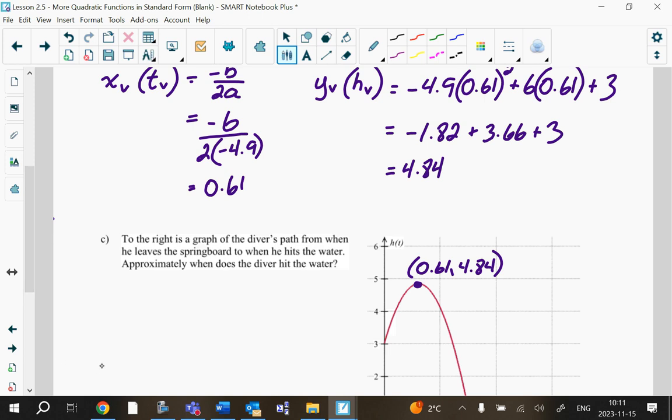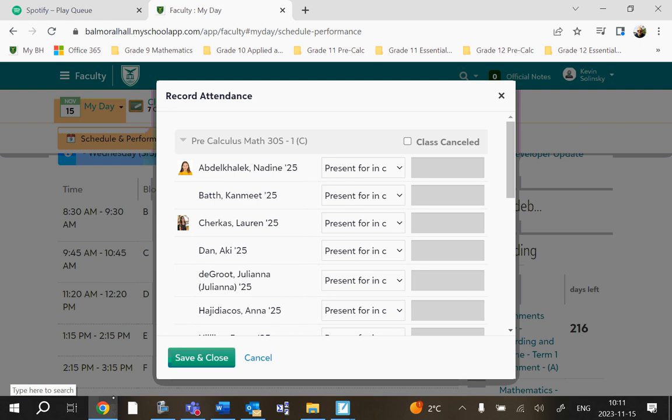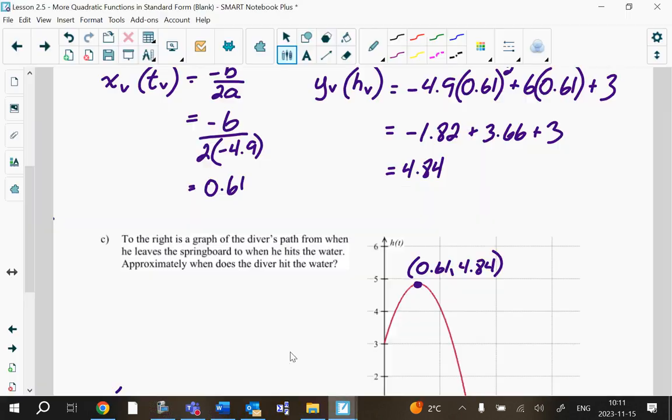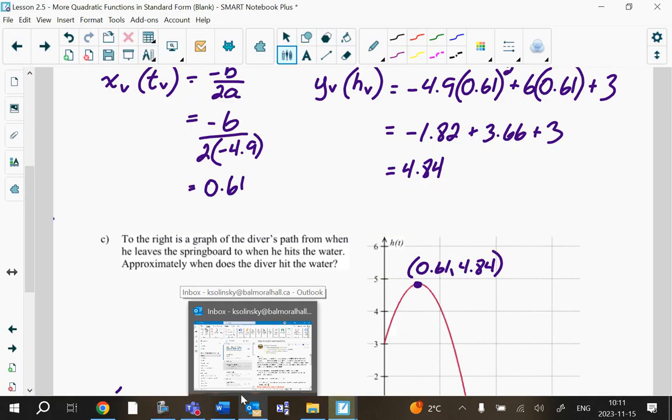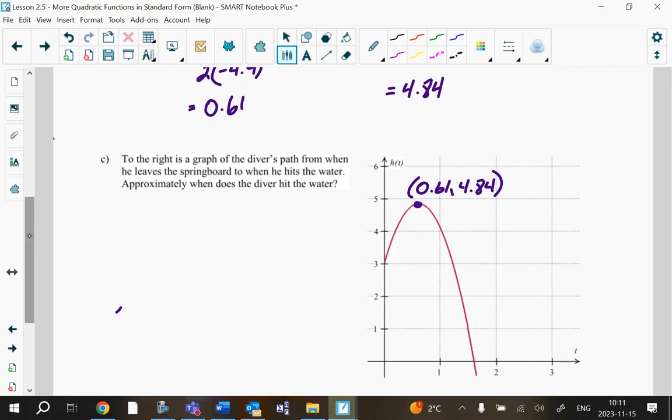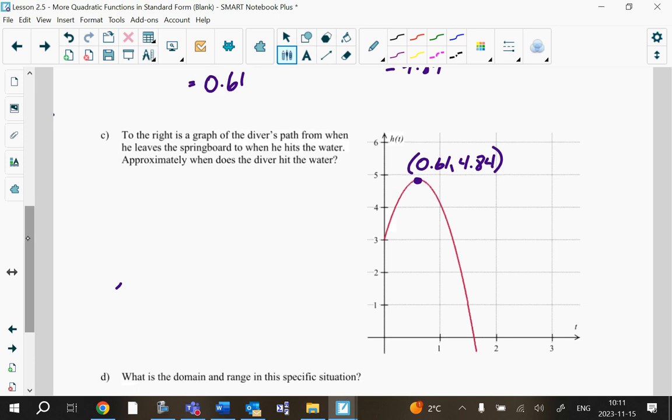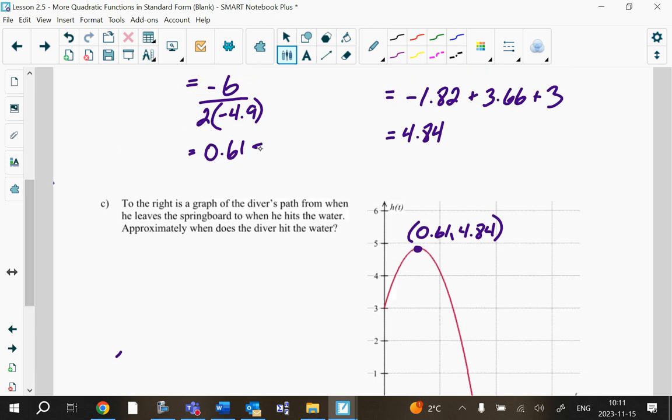To do what? It takes 0.61 seconds to do what? To get to the maximum. Excellent. So this here, 0.61 seconds to reach the maximum.